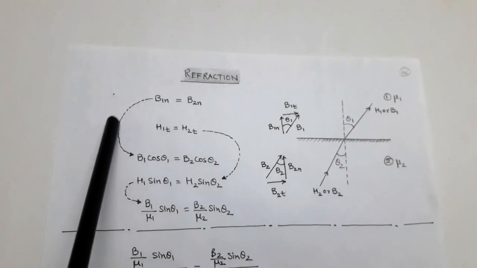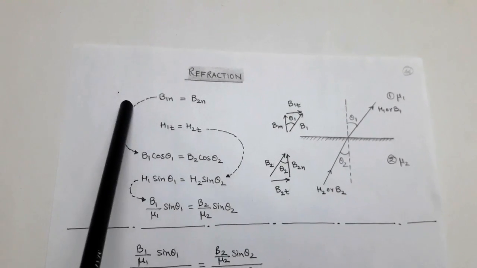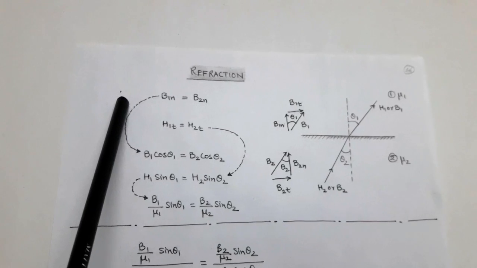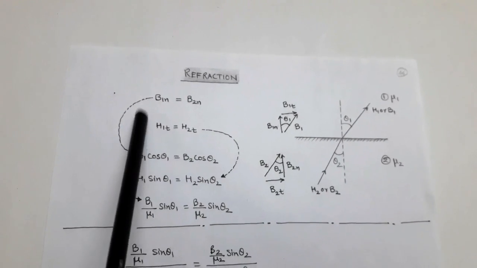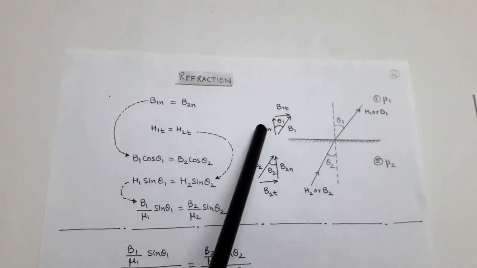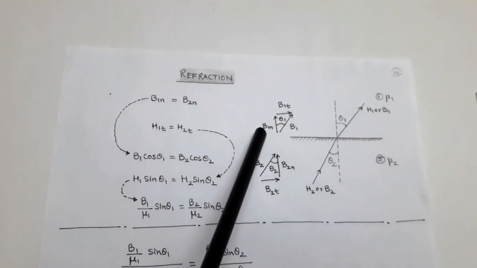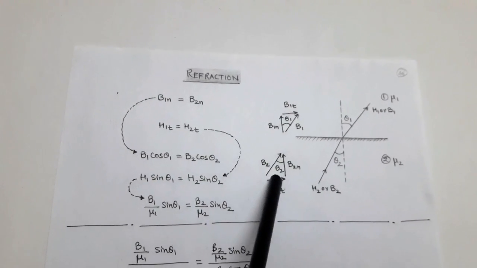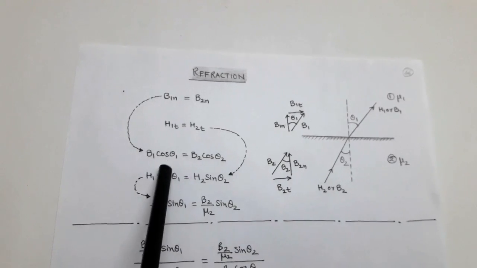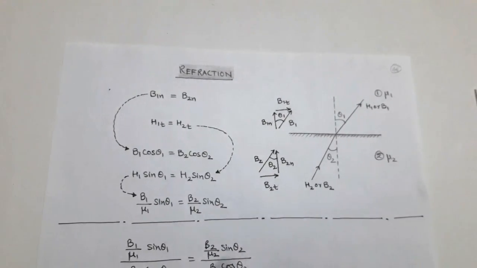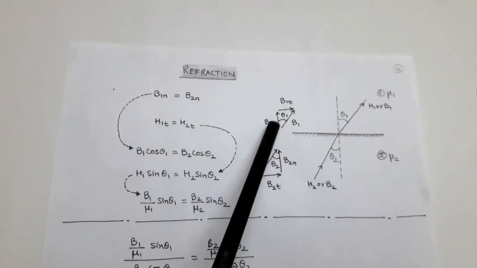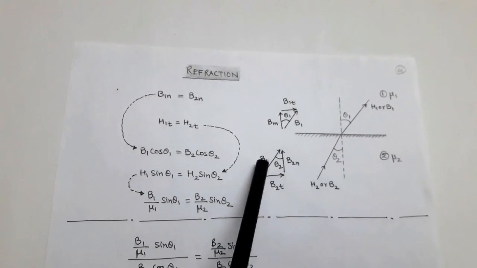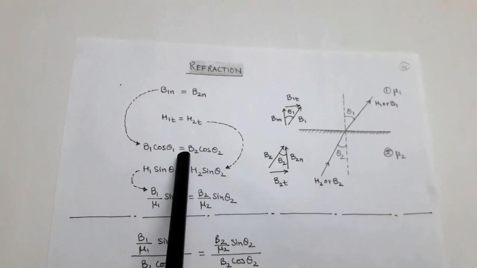From the first condition, the normal component of B is continuous, which is B1n equals B2n. Here the normal component can be written in terms of angles theta 1 and theta 2. So B1n equals B1 cos theta 1 and B2n equals B2 cos theta 2.